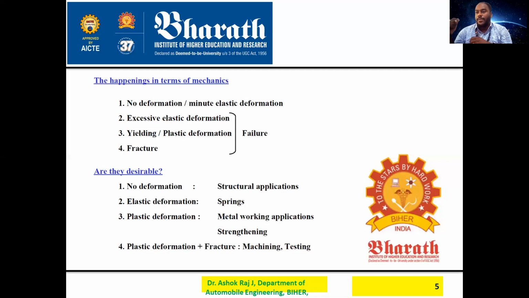And testing: for example, if you want to know the material behavior like tensile, you have to take an aluminum material and make a standard tensile test sample piece, and you have to do the test until getting the fracture. So here also the plastic deformation and fracture are taking place; due to the initiation of the plastic deformation, the fracture takes place.